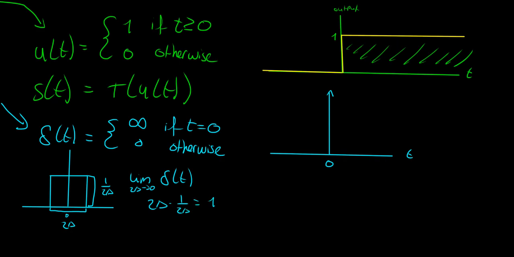So because the width of our box is 0, its height will be infinity, but its surface is still 1: if we integrate the delta function from minus infinity to infinity, it is equal to 1. That is the important property. It exists on one point, it goes to infinity, but its surface is always 1.